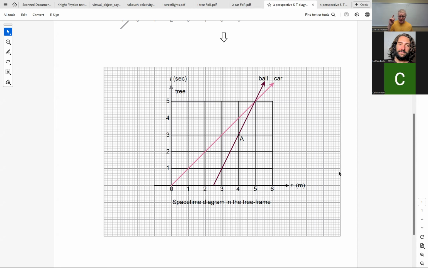So, for example, if we look at the ball from the tree frame, we can see that the ball's position starts at 2.5 meters away and ultimately ends at 5 meters away from the tree's perspective. However, from the car perspective, what happens? The ball starts 2.5 meters away and eventually ends up at 0 meters away, because for the car, its origin is that red line that goes like this.